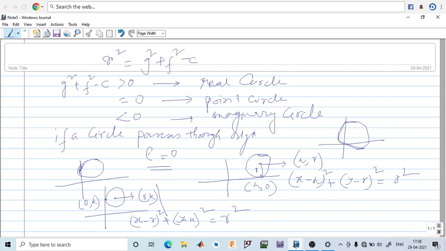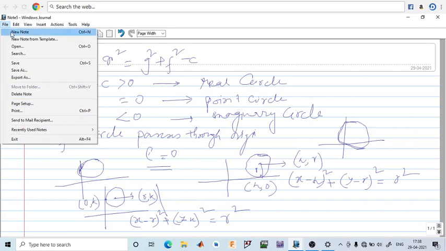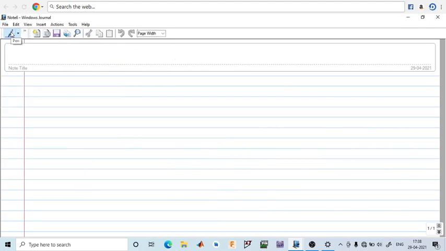You are going to have another type of equation of a circle that comes from the diameter form, right? If the coordinates of the two ends of a diameter are given, then you are able to find it. So I am writing at the top, diameter form. What is diameter form? Suppose a circle is given. Suppose these are the endpoints of the diameter, and the coordinates are (x1, y1) and (x2, y2).